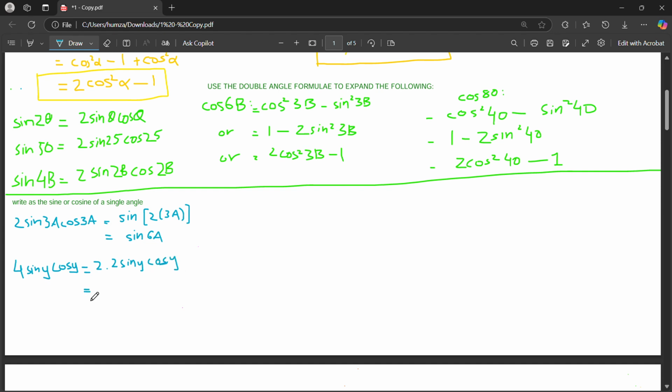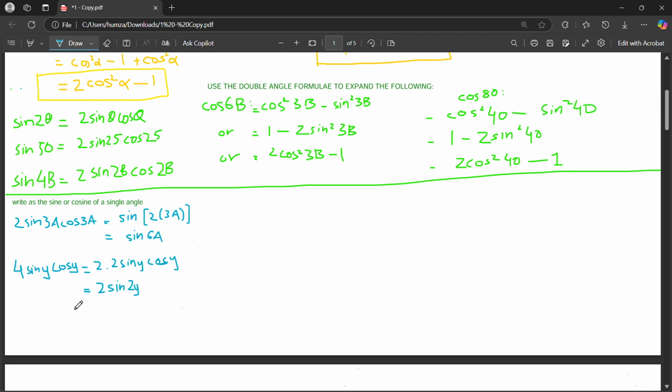This 2 can come as it is, and 2 sin y cos y is equal to your sin 2y. So 2 sin y cos y is the double angle for the sin.